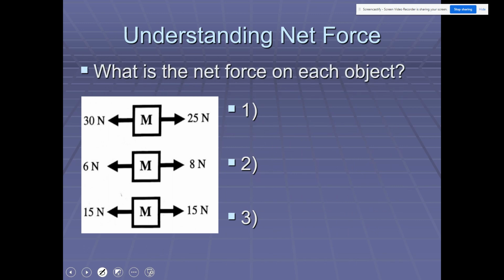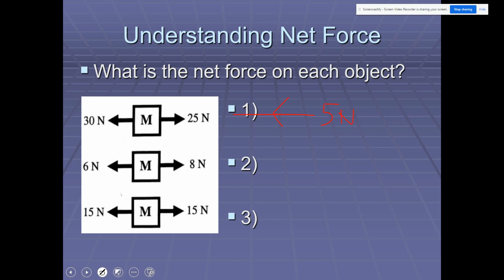So what is the net force on each of these objects? Remember, force is a vector. The force on the first one is going in this direction, and it's going to be a 5 Newton force. So there's going to be a net motion going to the left.